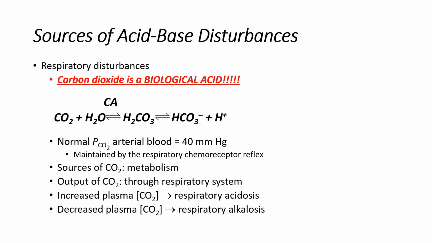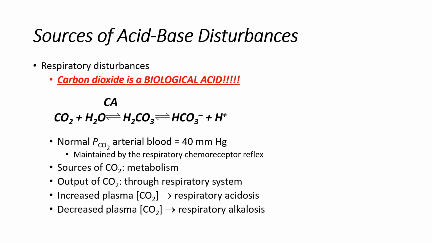And we talked about these a little bit earlier in this packet. And so we want to maintain our respiratory rate by maintaining the respiratory chemoreceptor reflex. And if we do not do that, right, if we have any type of acid-base disturbance, the lungs can cause those disturbances, but the lungs can also work to correct disturbances, okay?